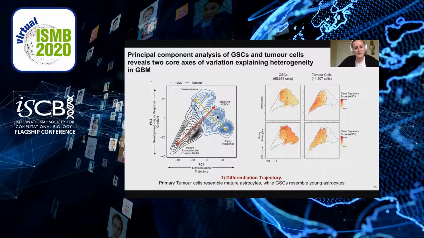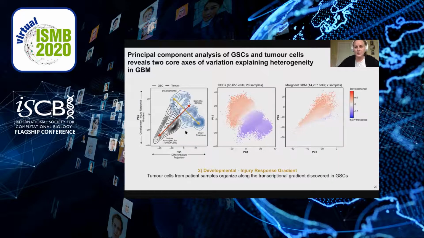When we look at the genes that define the different ends of this program, we see that the GSCs look a lot more similar to young astrocytes, whereas the primary tumor cells resemble more mature astrocytes. And then secondly, we analyzed this second axis we see here.